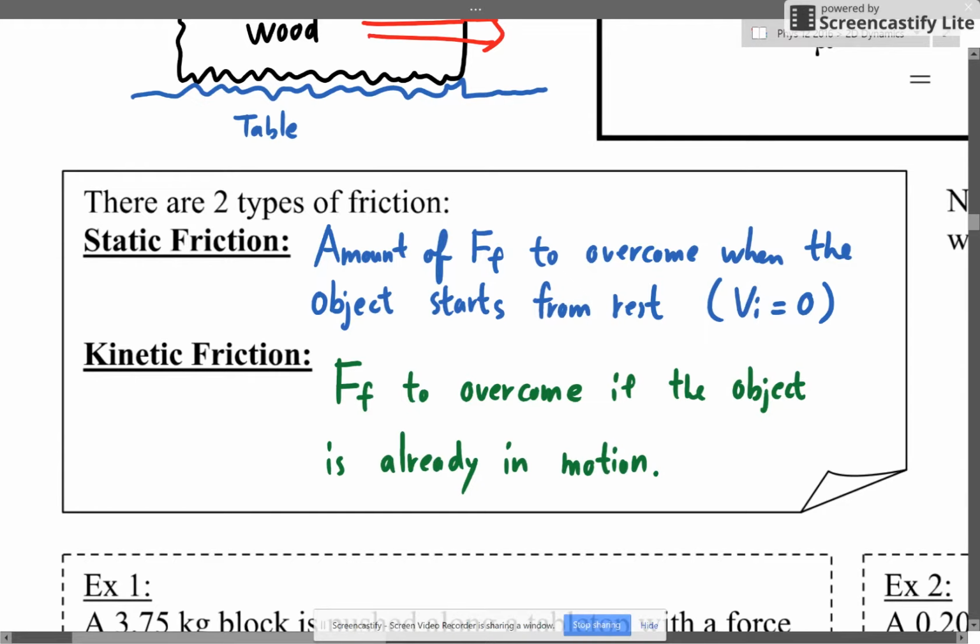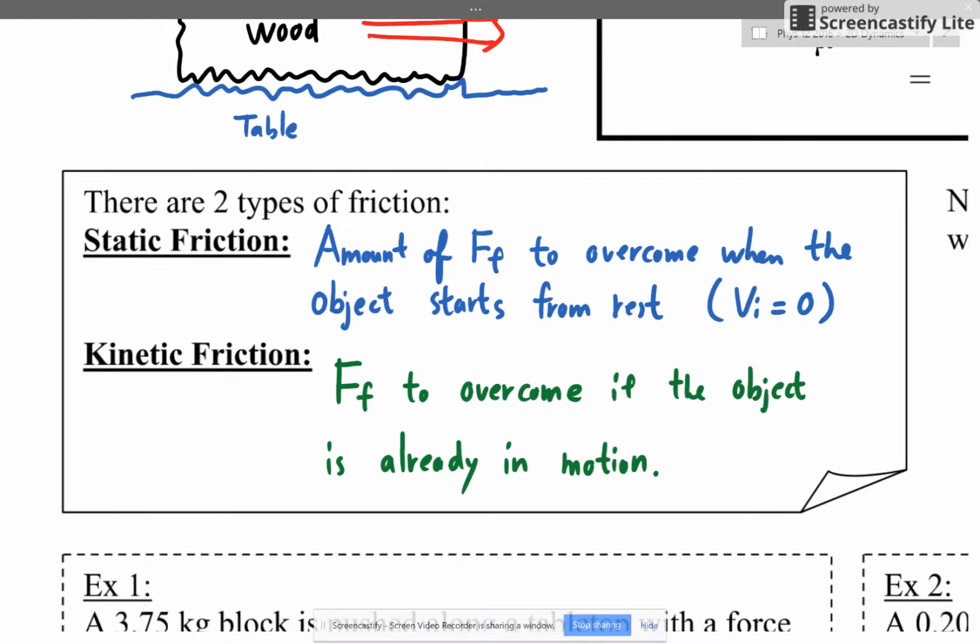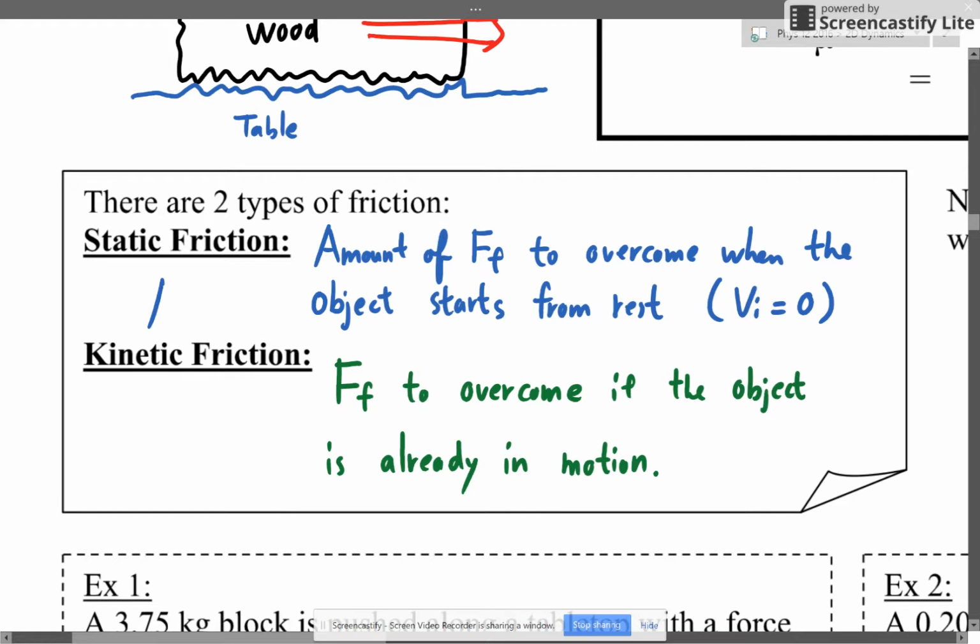So there's an amount of friction to overcome when the object starts from rest, which is static, and you usually get a mu s, and then there's kinetic friction, which is usually mu k. Static and kinetic friction.